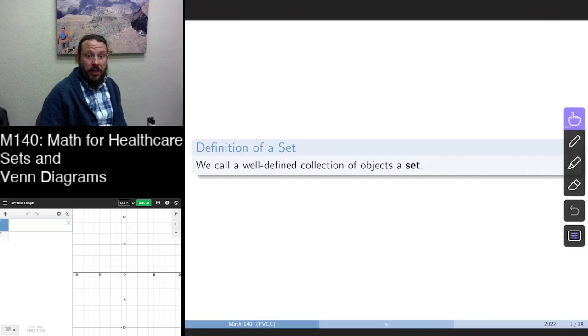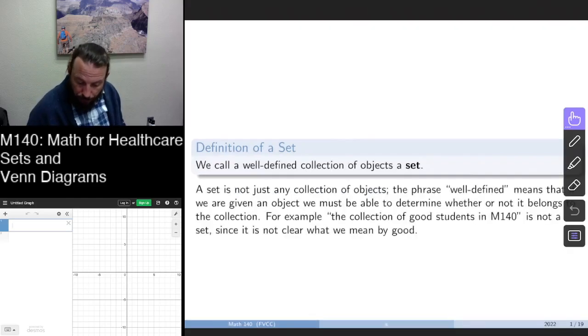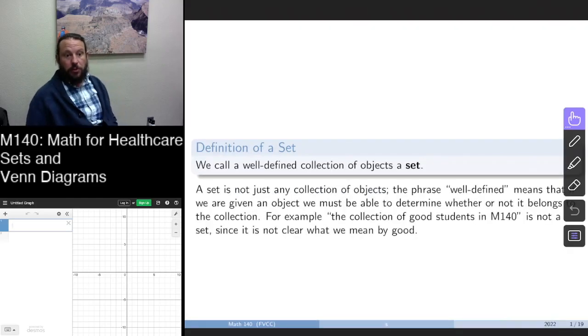Whereas we can make that a well-defined set and say the set of days from 2020 where the high temperature of the day was between 65 and 85 degrees, something like that, then it's well defined. And that's all we mean by well defined. You have to be able to tell, is it in there or not in there? It can't be an on-the-fence question. And that's what we're saying here.